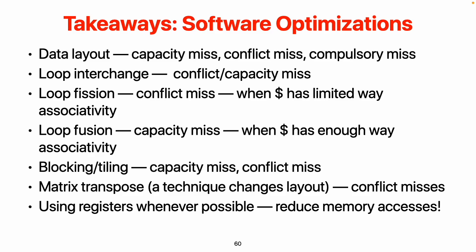And sometimes, if you can reduce memory accesses, you should try. For example, if this could be a local variable, and if you don't have a lot of local variables in your code, remember you have 16 registers in total that the compiler may be able to use. Try to make it a variable so that the compiler might be able to do something.